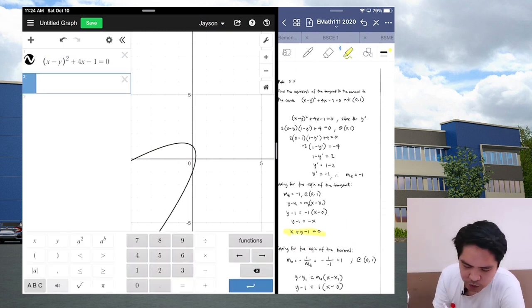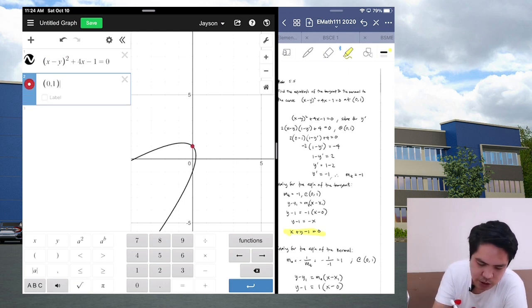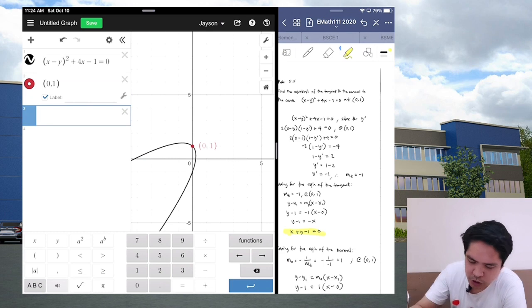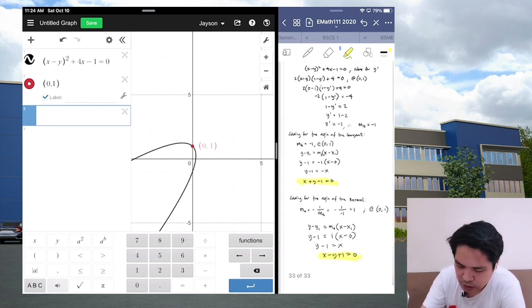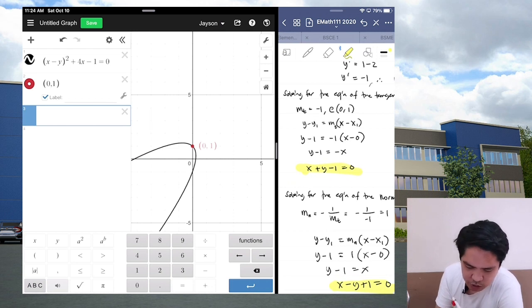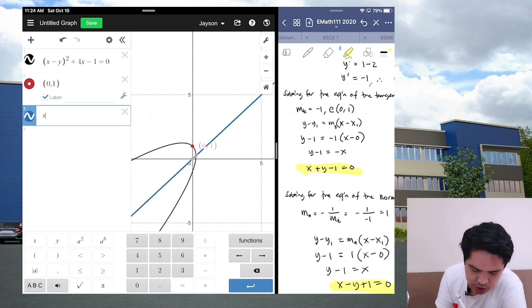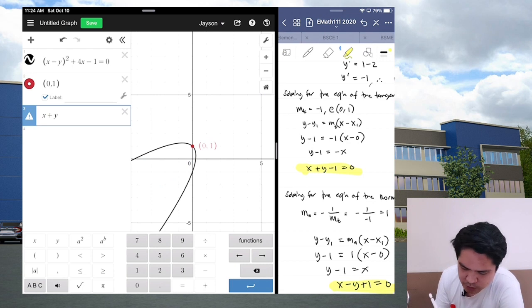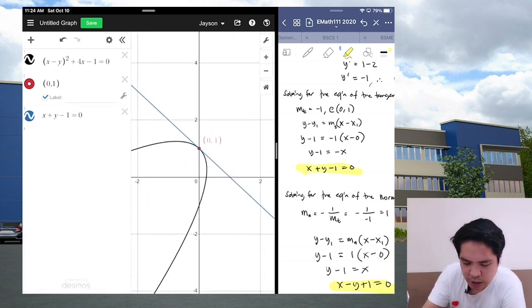And the point of tangency is at 0, 1. So, 0, 1, this is also given. So, that is the point of tangency. Okay. So, according to our solution, the tangent line, let's see if we are correct. Let's see if this line is really tangent. The tangent line that we got is x plus y minus 1 equals 0. So, that is clearly a tangent line.